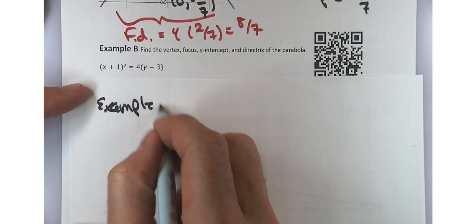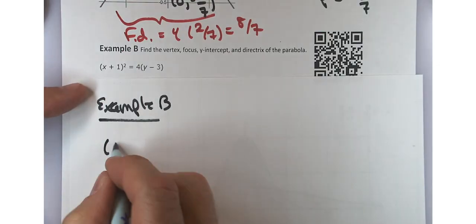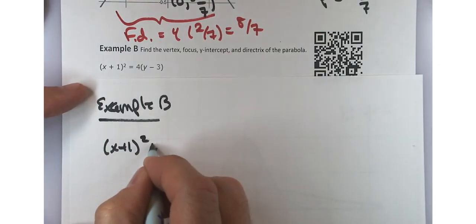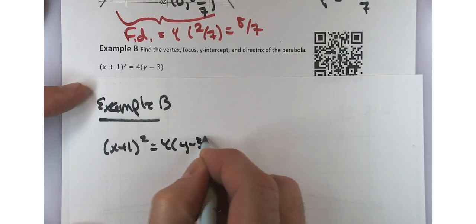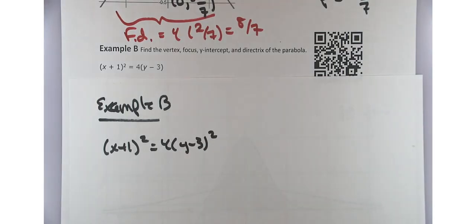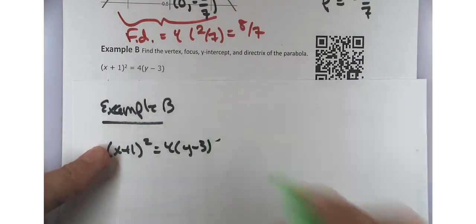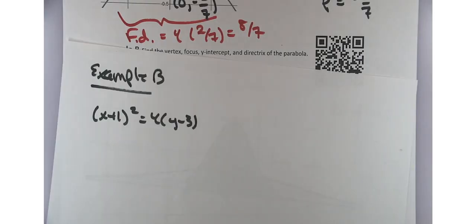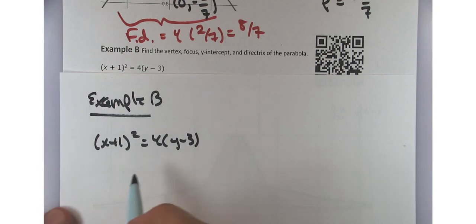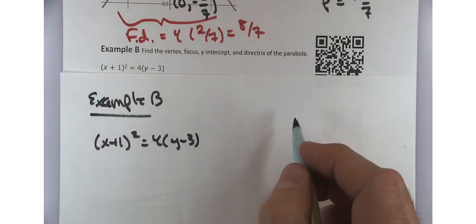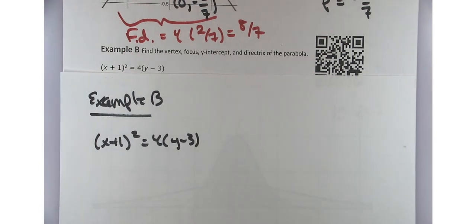So this is example B. X plus 1 squared equals 4 times y minus 3. Oops, not squared. That would be a different kind of conic section, probably a degenerate one. Let's write ourselves a little t-table and keep track of some of this information. Where's my ruler?